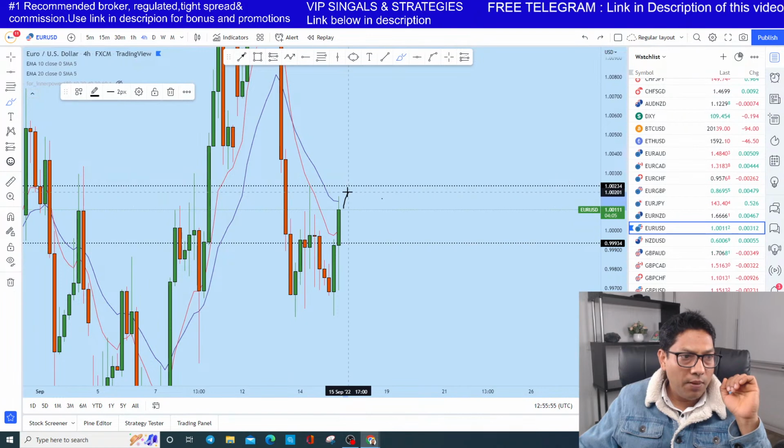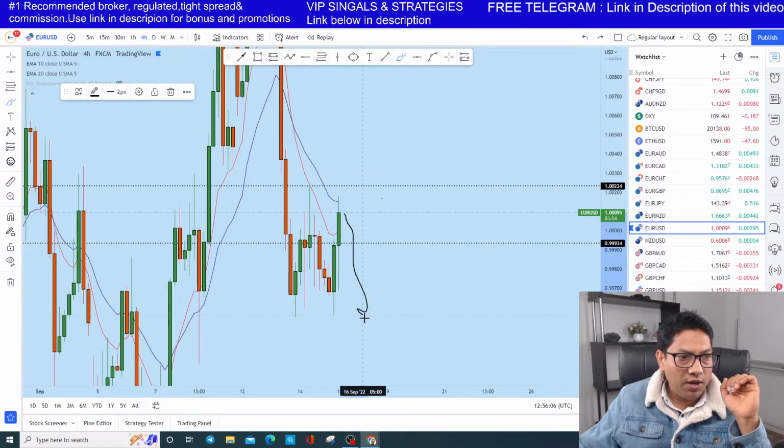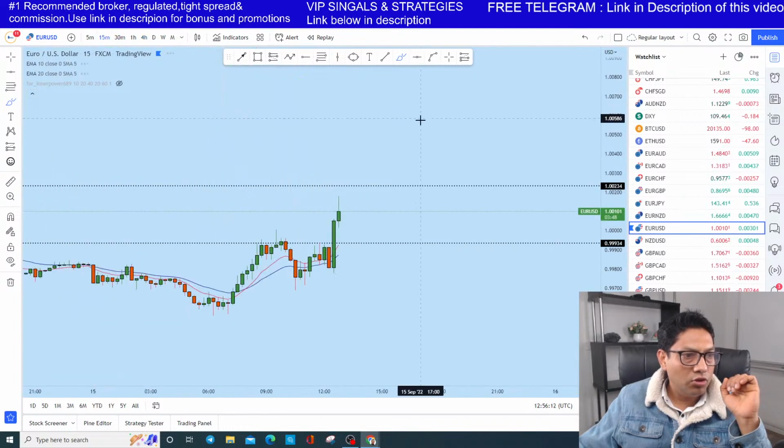Okay, it might go up a little bit, but what I think is that it will respect this resistance here. And then you see it's dropping now. I think even if it might close as a doji, it could continue to drop.